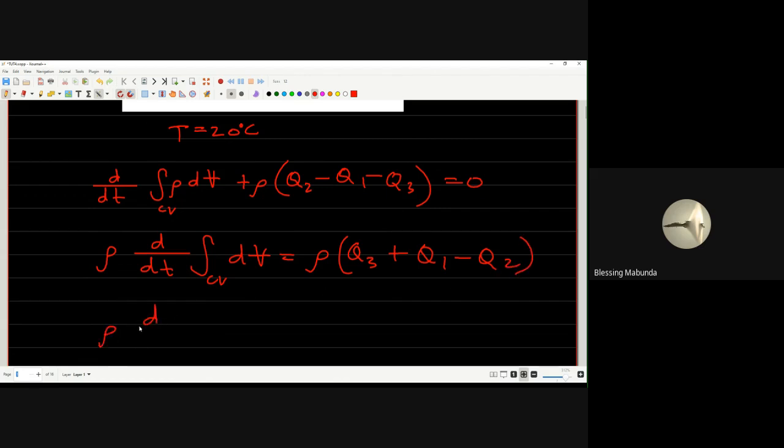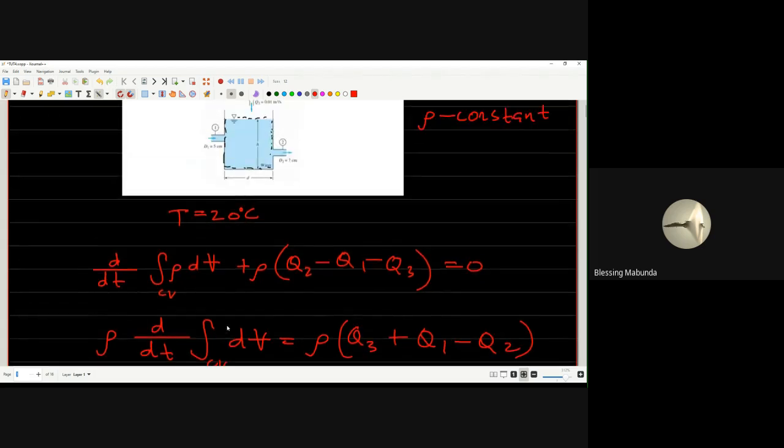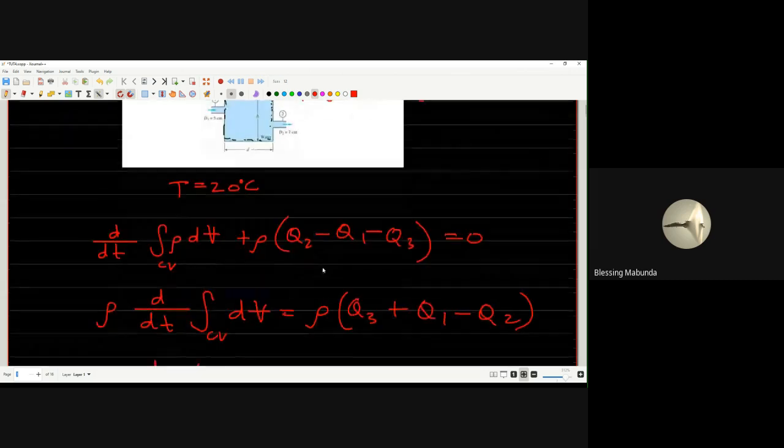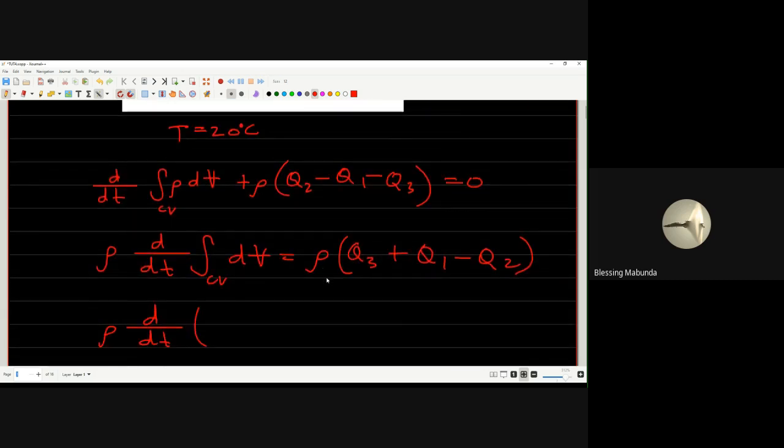This is rho d/dt. When it comes to our volume here, we'll consider the area multiplied by the differential volume.